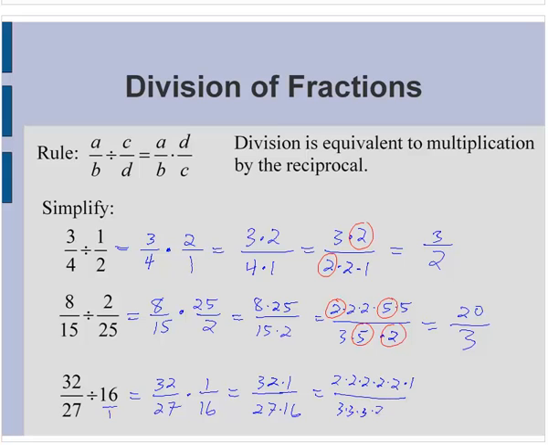And 16 is 2 times 2 times 2 times 2. Removing all common factors, let's see, there's 4 2's common. And that's all I can remove. So I will have 2 over 27.